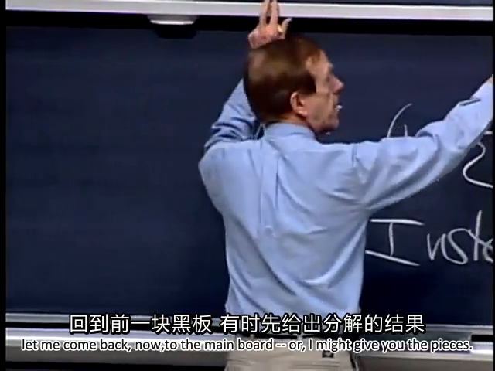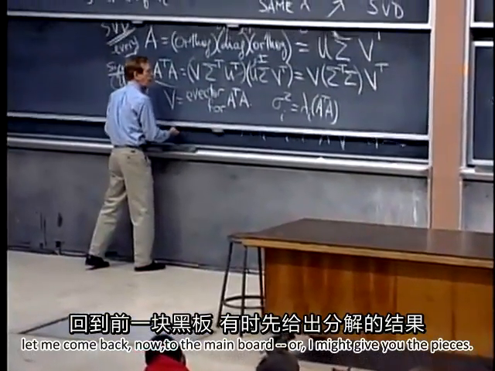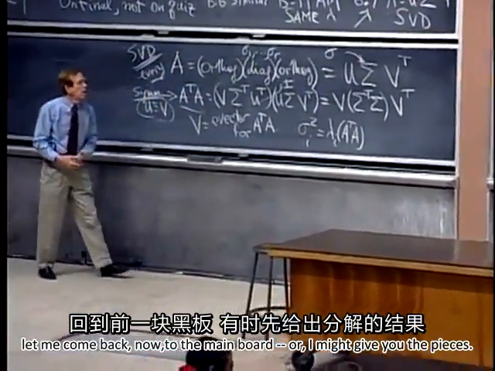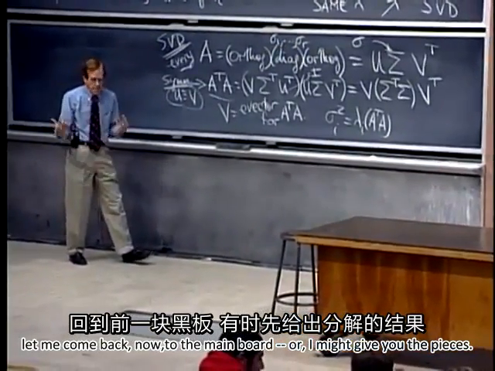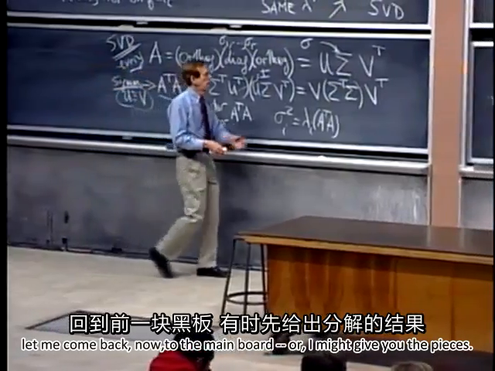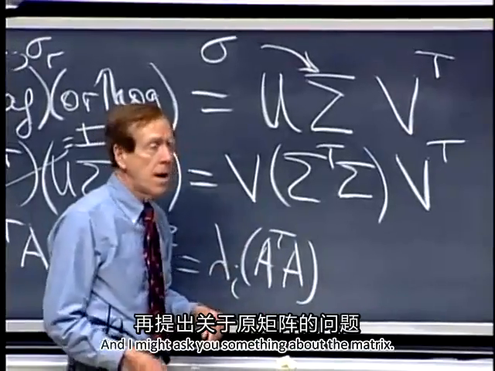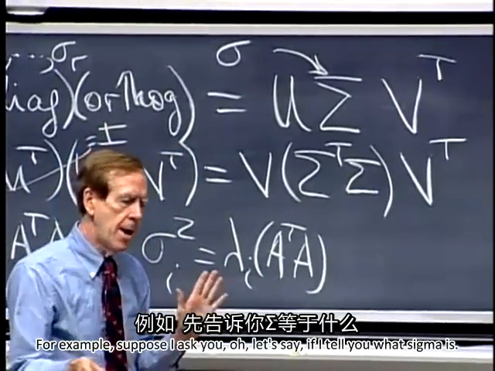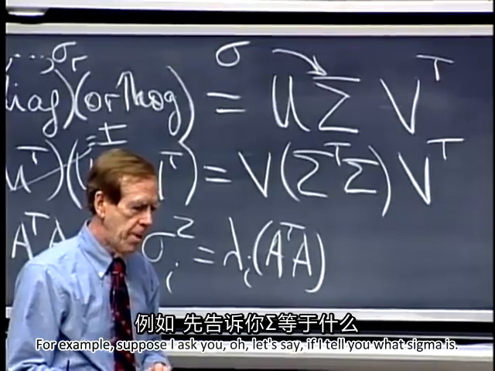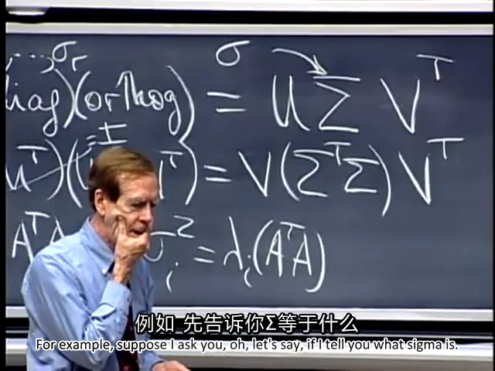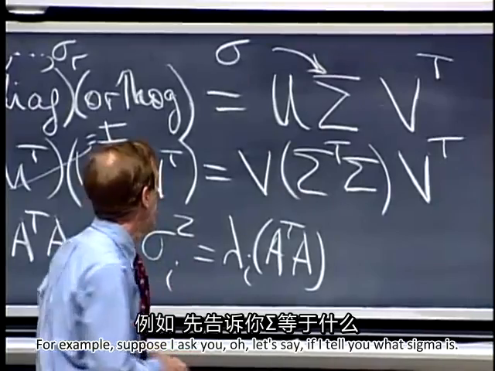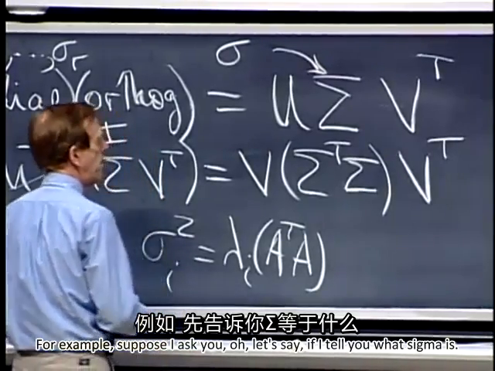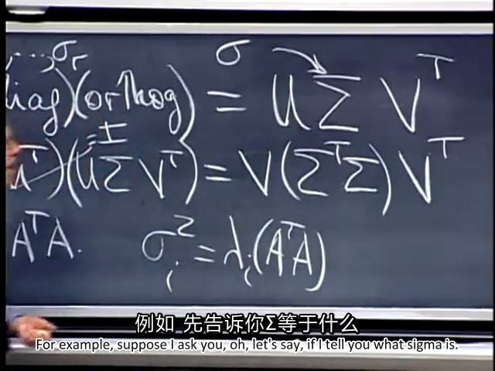Let me come back now to the main board. Or I might give you the pieces, and I might ask you something about the matrix. For example, suppose I tell you what sigma is.